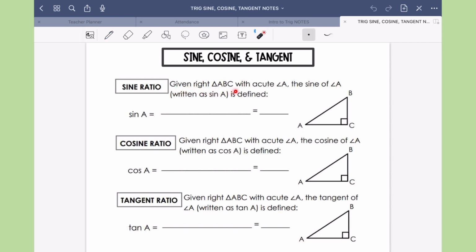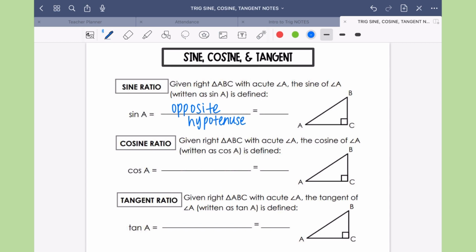Given the right triangle ABC with an acute angle A, the sine of A is defined as the opposite leg divided by the hypotenuse. Notice how I said ratio. This is a ratio. It's another word for a fraction.